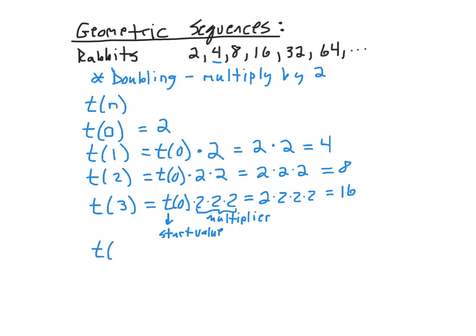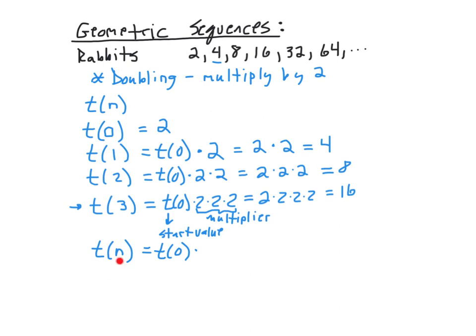If I have t of n, then basically that would be equal to, again, the start value, t of 0, and it would be 2 times itself n times. Because if I look here at t of 3, how many times did I multiply the multiplier? 1, 2, 3 times.